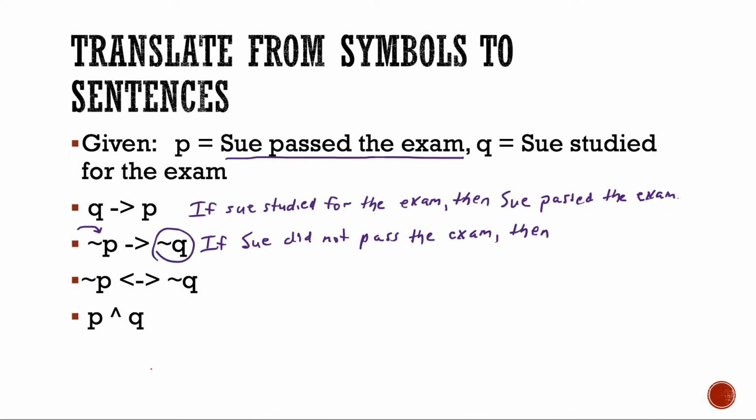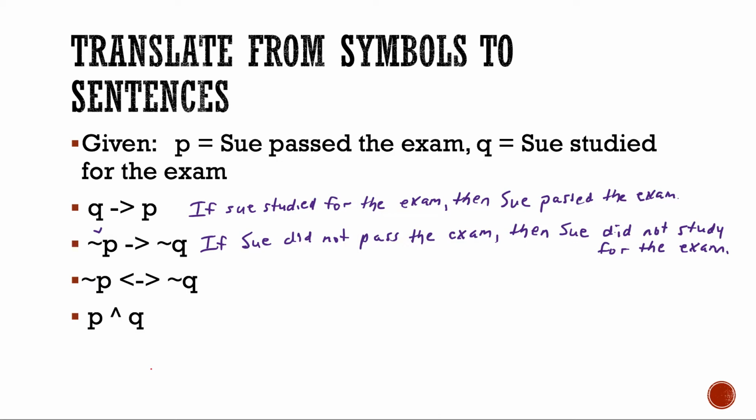So negation of Q. So Q is that Sue studied for the exam. The negation will be that Sue did not study for the exam. So we have, if Sue did not pass the exam, then Sue did not study for the exam.